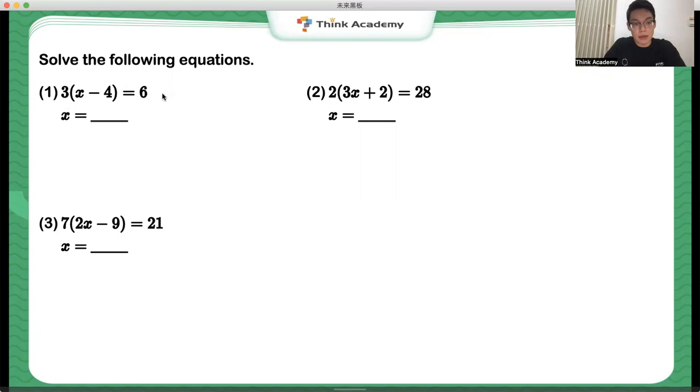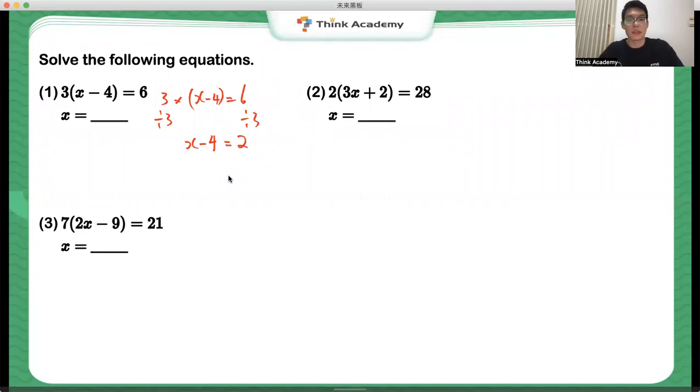So it means that actually this equation is equal to 3 times x take away 4 is 6. So now I can just try to divide 3 from both sides without operating through the brackets. So what I have left is x take away 4, which is inside the brackets. And on the other side, I have 6 divided by 3, which is 2.